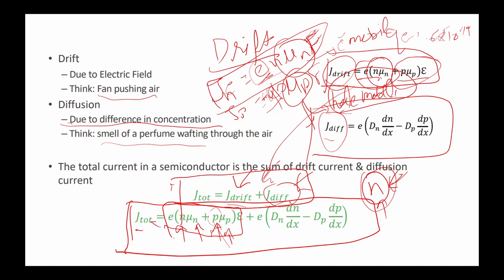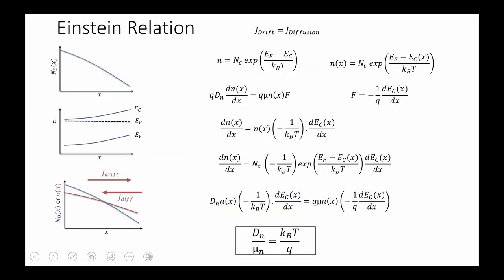In the diffusion current there will be a great role of the Fermi level, because the Fermi level moves according to how the concentration of electrons and holes varies in a semiconductor along the x, y or z direction, whatever.